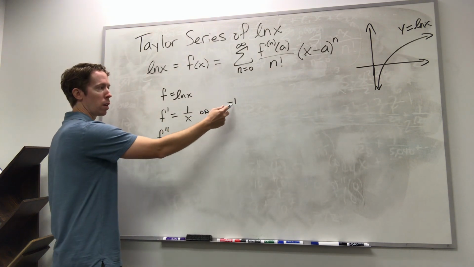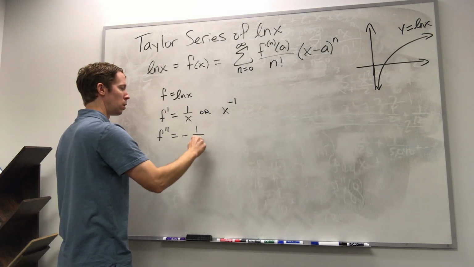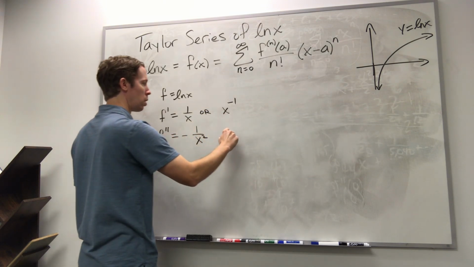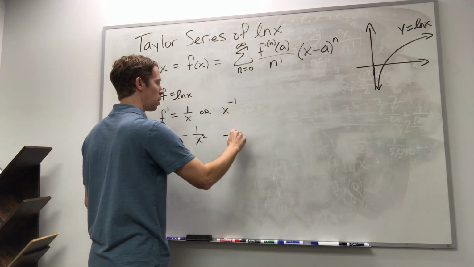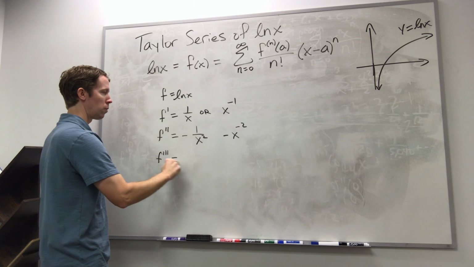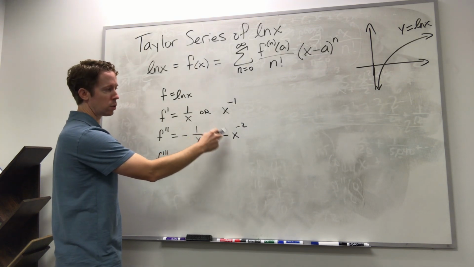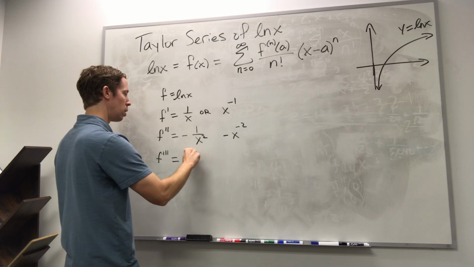Second derivative, I apply the power rule, I get negative x to the negative 2, which is negative 1 over x squared. Now third derivative, I get negative times negative 2, so positive 2x to the negative 3.